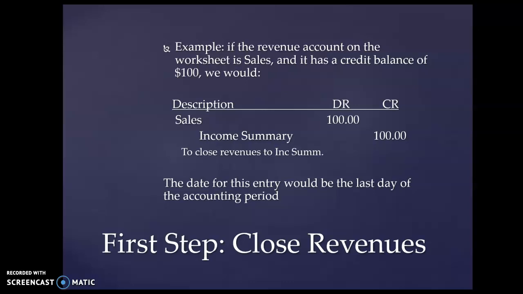So I debited sales, so I have to credit income summary for the $100. And there's my explanation to close revenues to income summary. We would also have a date, of course, for the journal entry, and that would be the last day of that accounting period. So if it's February, it would be February 28th.